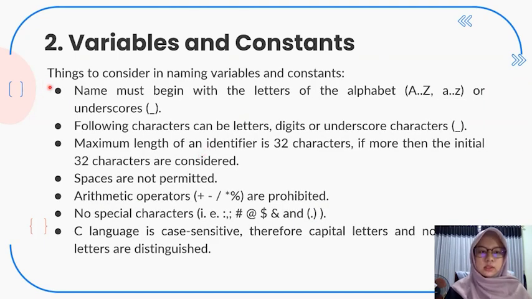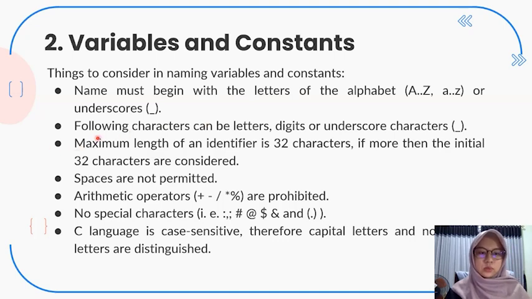And the next one is things to consider in naming variables and constants, or the rules in naming variables and constants. The first one is the name must begin with the letters of the alphabet from A to Z, capital or not, and you can use underscores.